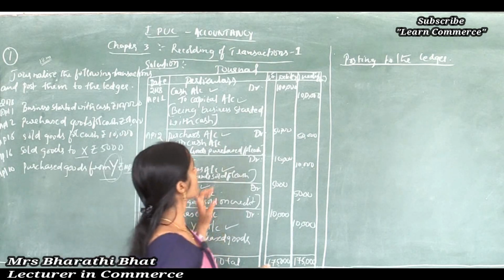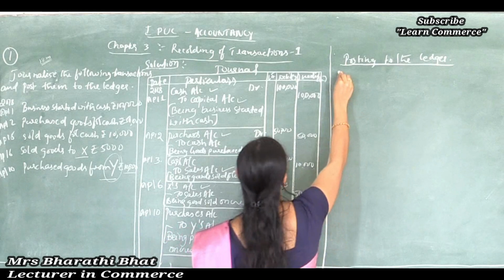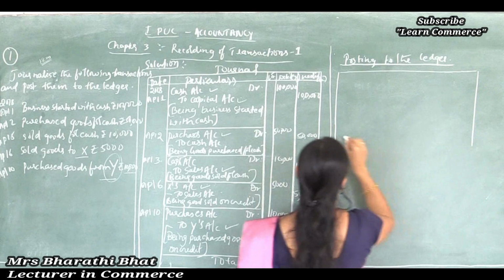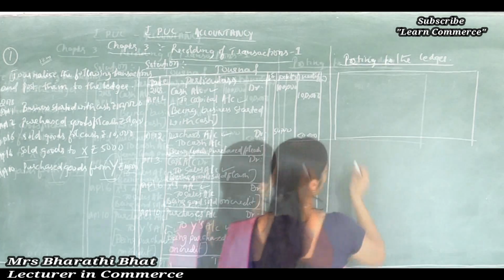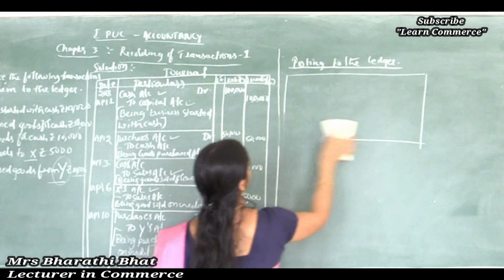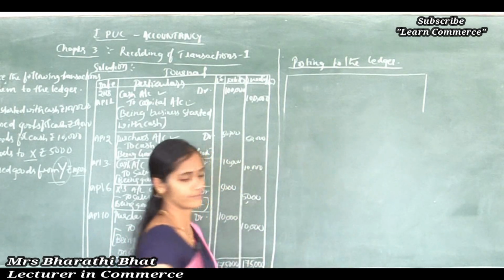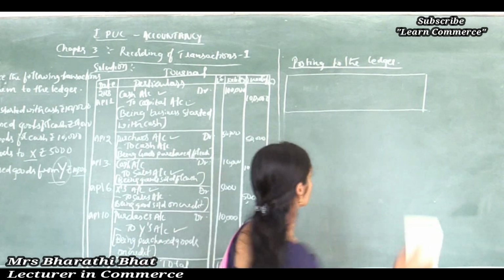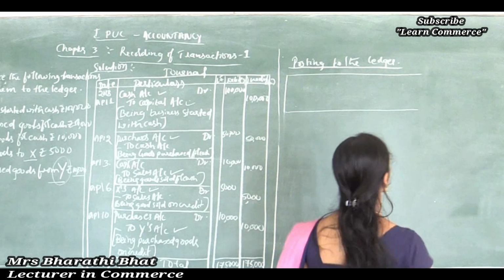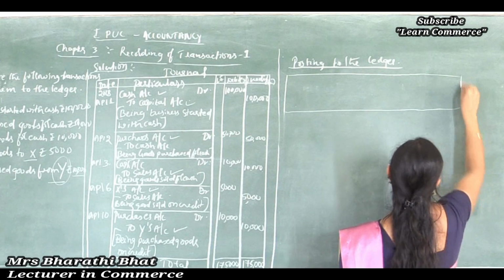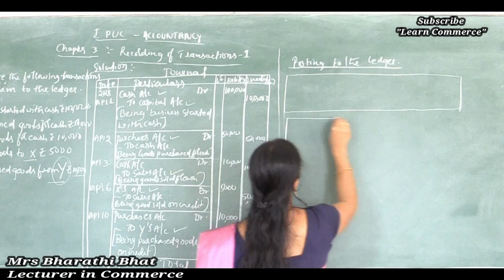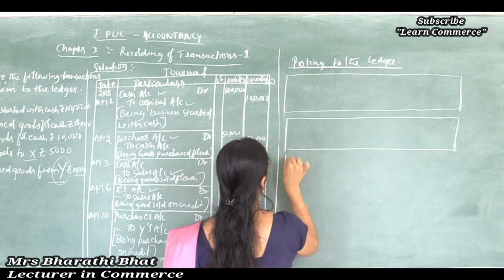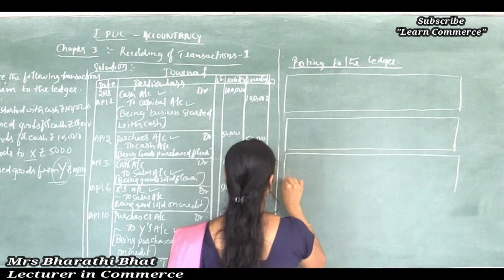Six separate accounts we need to prepare here. So first one, cash account. We know the format of the ledger. So total 6 accounts.